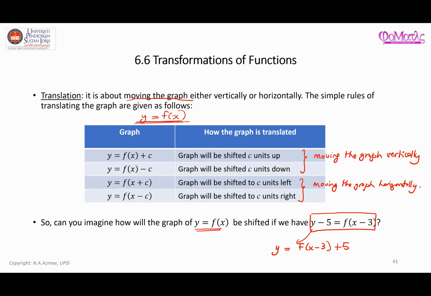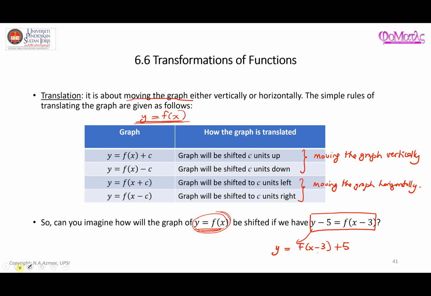So this graph will first be shifted 3 units to the right, following this rule here, and then it will be moved 5 units up. So that's how the graph of y equals to f(x) will be shifted.